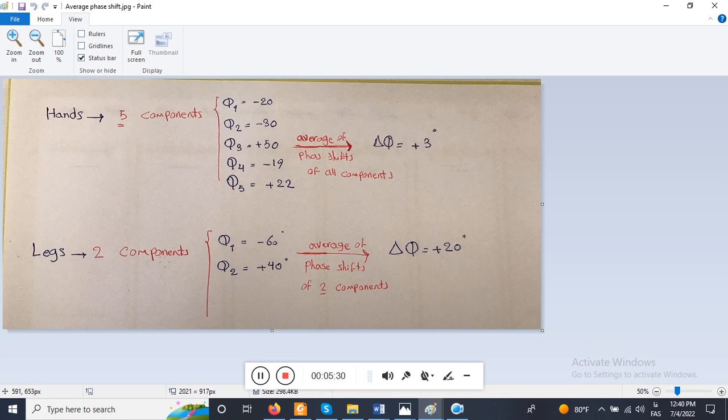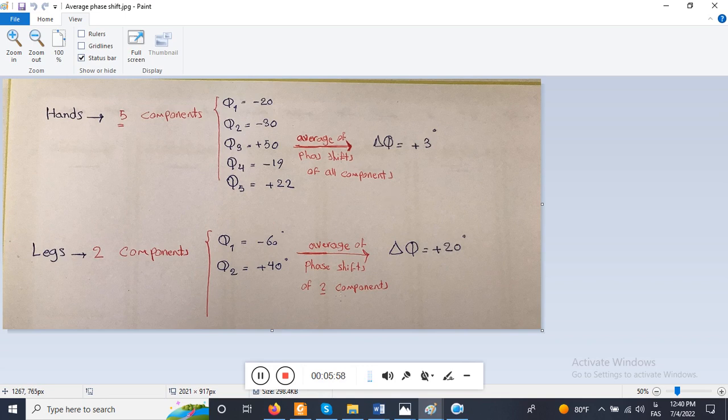But because legs have fewer components than hands, for example if we have 2 components with this amount of phase difference, the average is 20 degrees. So this is why we get a different amount of phase shift for hands and legs.